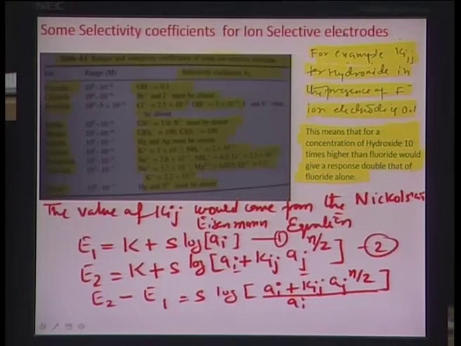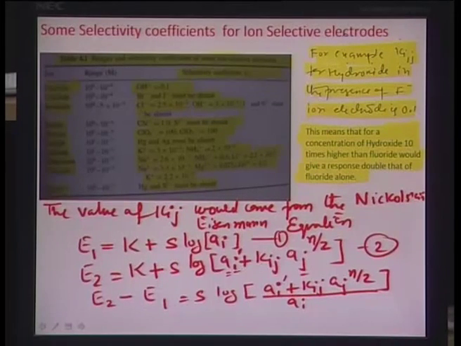And here this is actually the modified activity. Let us assume that this modified activity is AI dash. Okay. This is no longer AI, because AI is the activity of the ion in the presence of none other, and AI dash is the modified activity of the ion in the presence of the ion J.